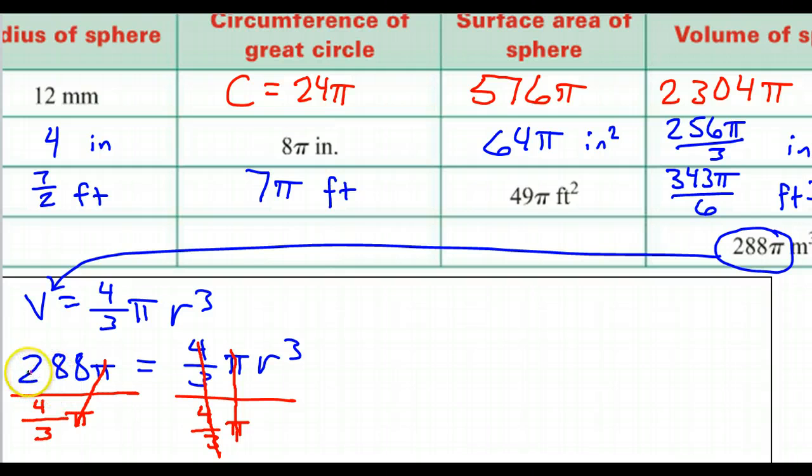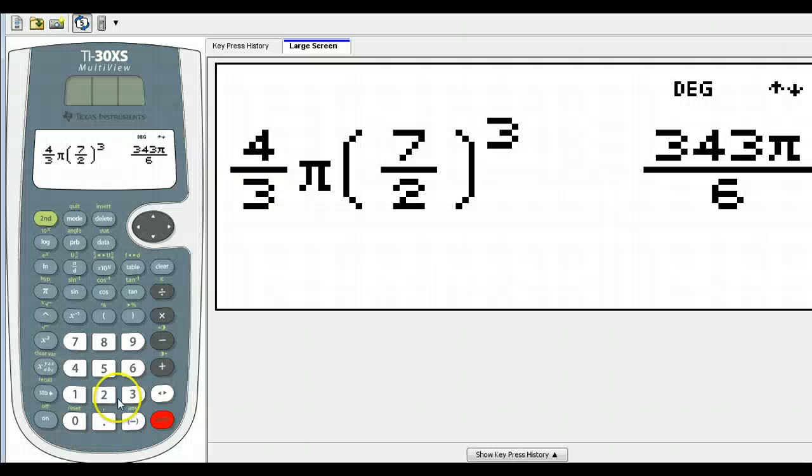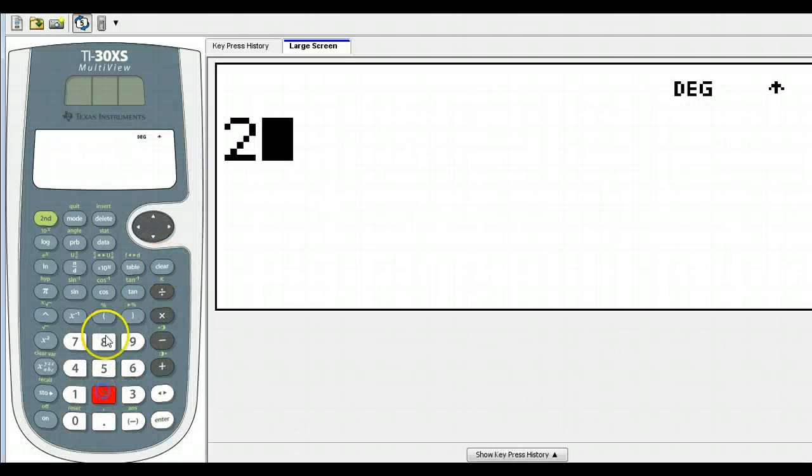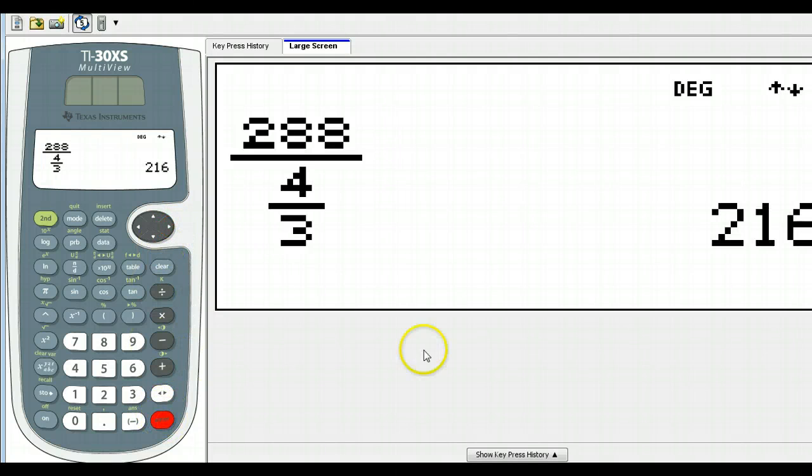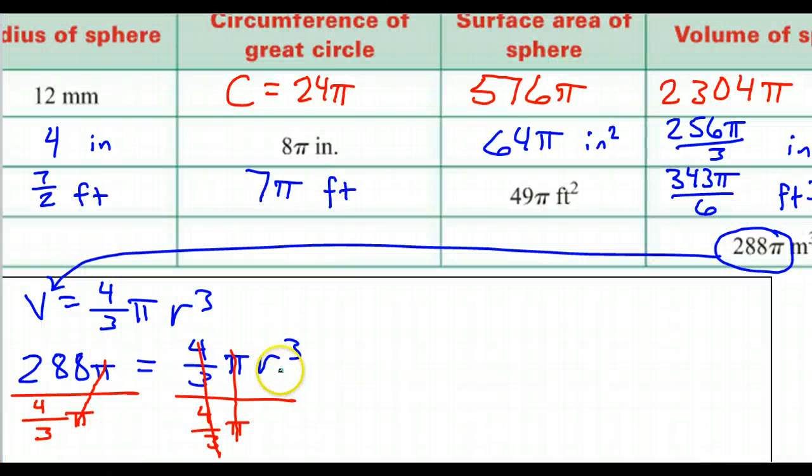So in my calculator, I'm just going to put 288 over 4/3 without the pi's. 288 over 4/3. Okay, just like we had it on the paper. This turns out to be 216. So understand that that is r cubed that I've got so far.